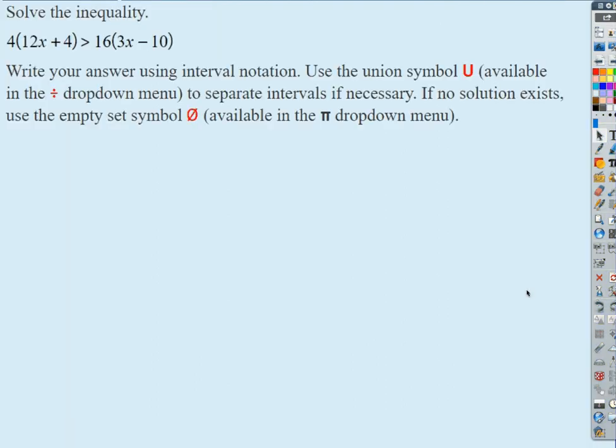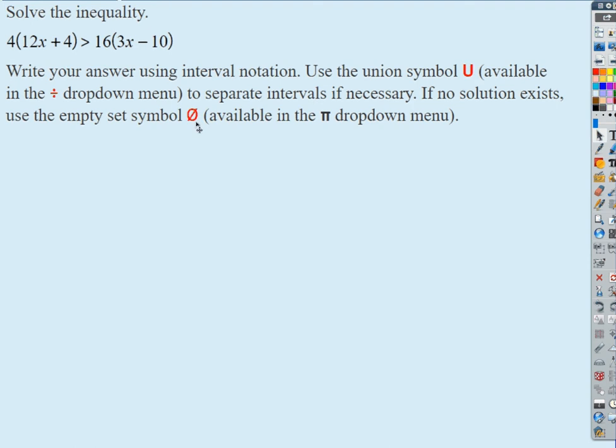Okay, what about a problem like this? Now, this time, the instructions say solve the inequality, write your answer using interval notation. Okay? So there's a few specific things here. Now, this won't come up until we start dealing with compound inequalities, which will be tomorrow or the next day. This union symbol. We might have to deal with this, though.